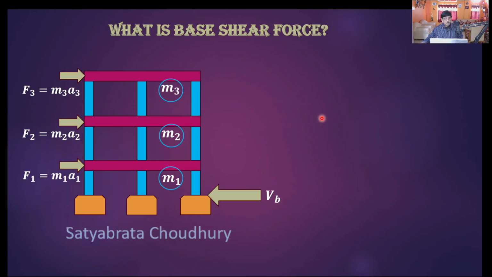By Newton's law, the inertia forces generated will be M1A1, M2A2, and M3A3. Let us call these forces at different levels F1, F2, F3. These are lateral forces acting due to the lateral spectral acceleration. If I add up all these forces F1, F2, F3, this has to be resisted by an opposite force at the base of the building. This is called the base shear force.